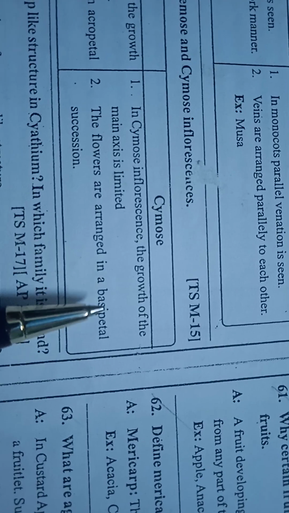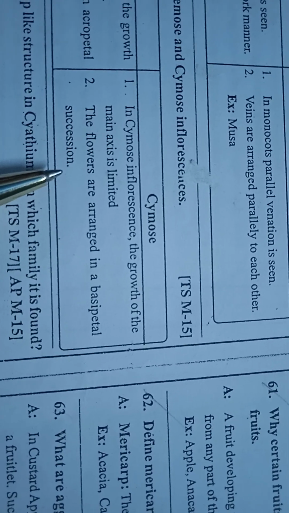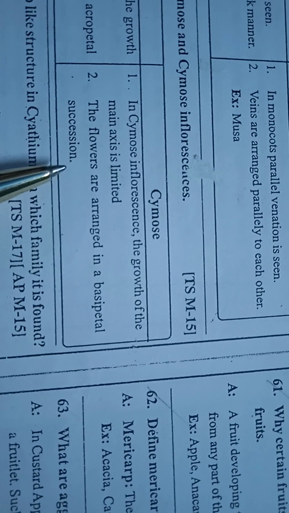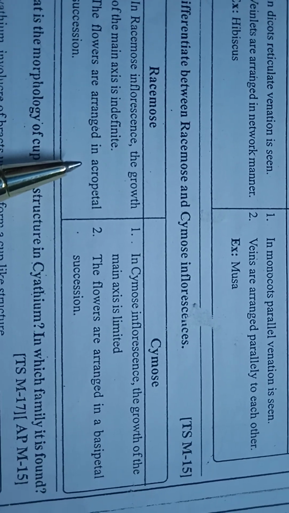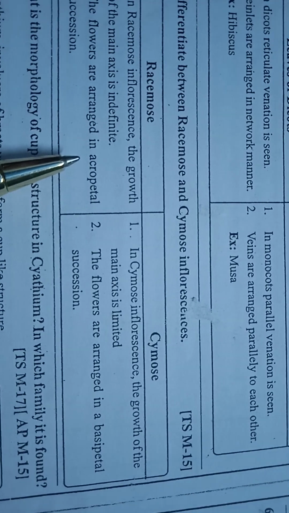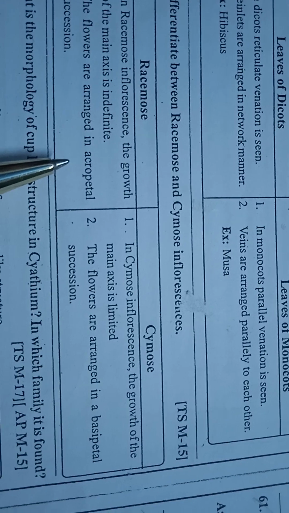In cymose inflorescence, the flowers are arranged in basipetal succession. Basipetal succession means a type of inflorescence in which younger flowers are present at the bottom and older flowers are present at the tip. In acropetal succession, younger flowers are present at the tip, whereas older ones are located at the base.